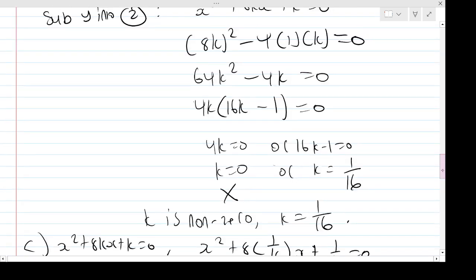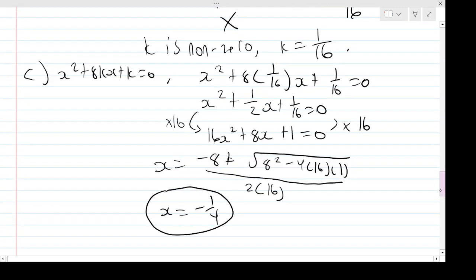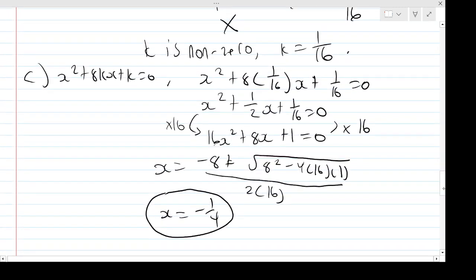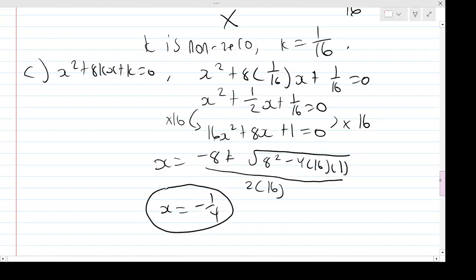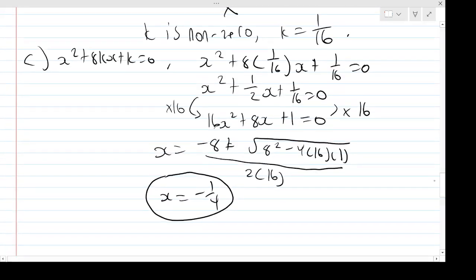But it wants a solution to the simultaneous equation. So we found x, that's great. But then we need to find y. What's the corresponding y value? Because remember, we need a pair of solutions. Well, we know x is minus a quarter, so to get y, I know this, don't I? That's what I substituted in at the very start. Y is 2x minus 1.